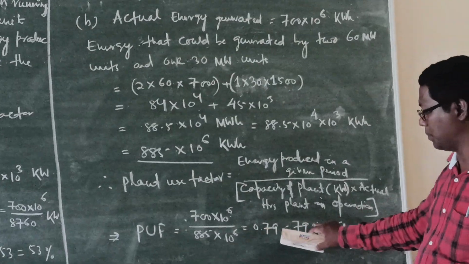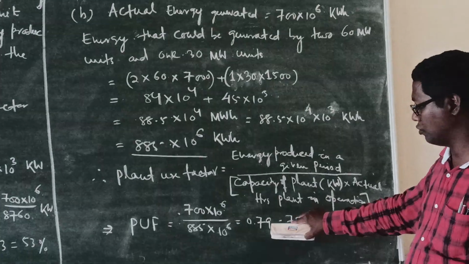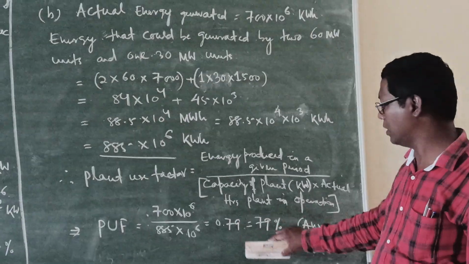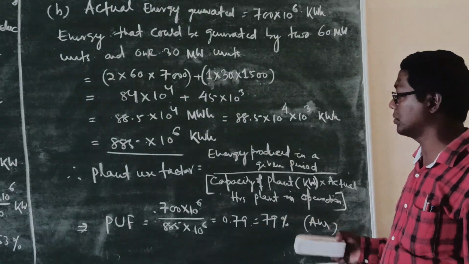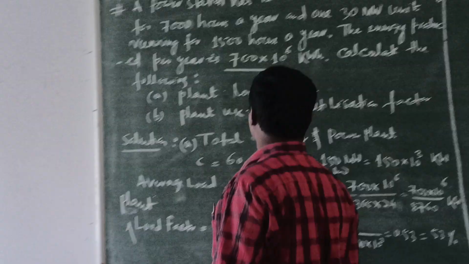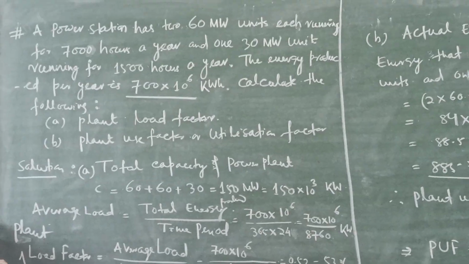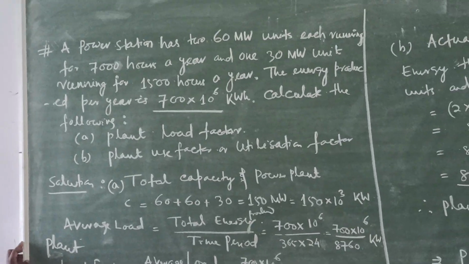After substituting we can find 0.79. So 0.79 means how much? That is 79%. Okay, clear? So in this problem we can find your plant load factor as well as plant use factor.